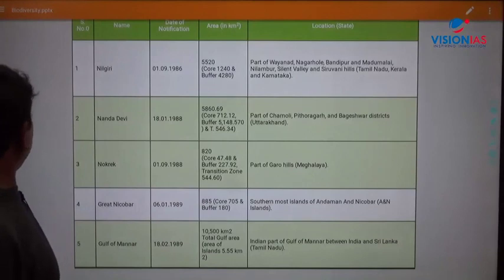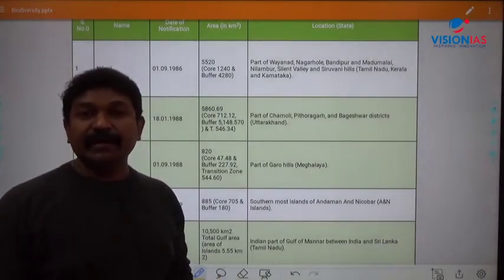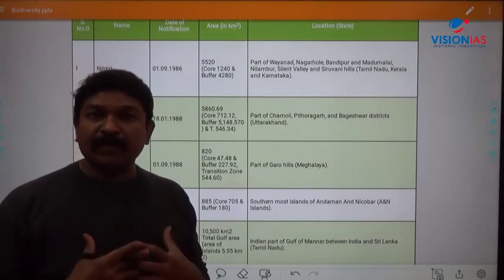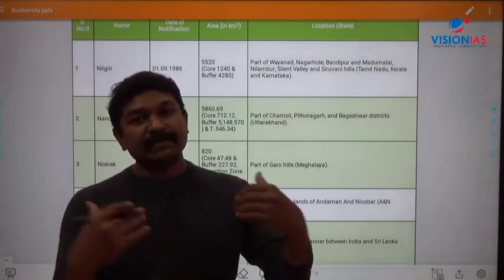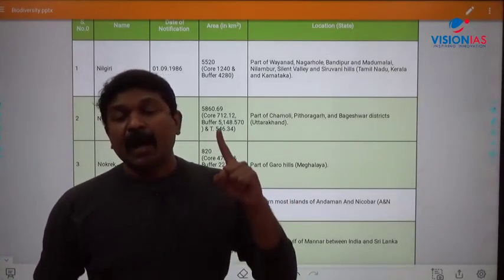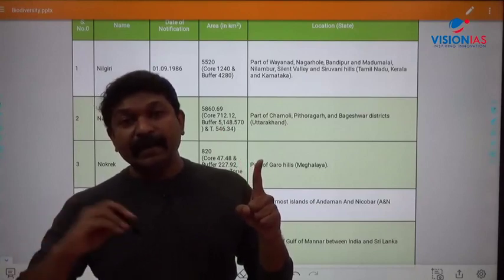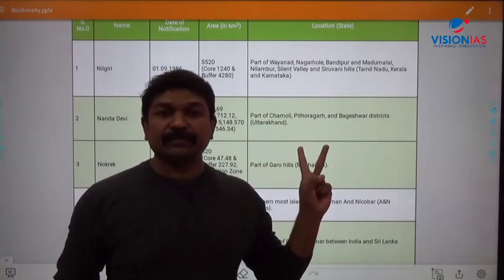Right now, let us talk about the biosphere reserves that are present in India. The government of India has announced some protected areas as biosphere reserves. Pay attention, very important. How many biosphere reserves are there in India according to the Indian government and according to UNESCO?